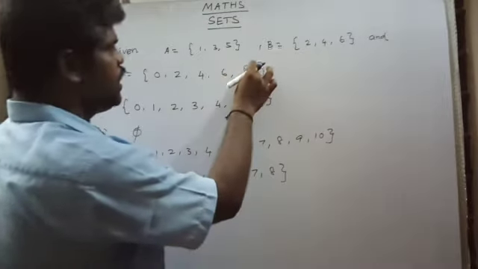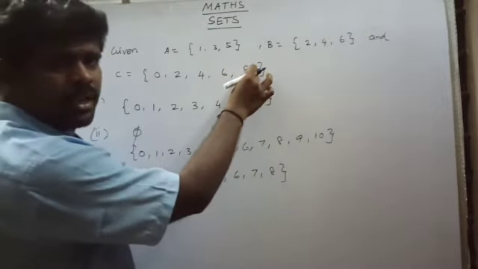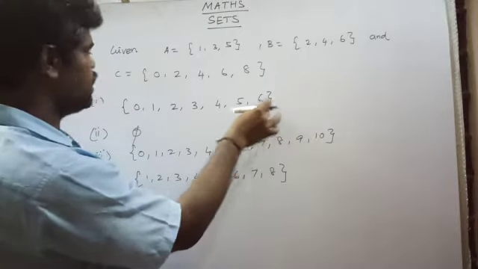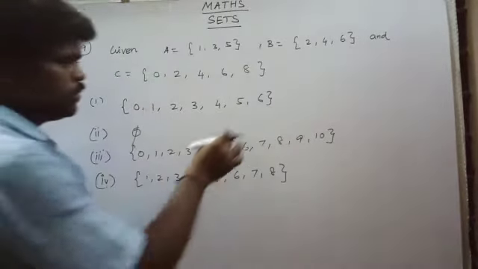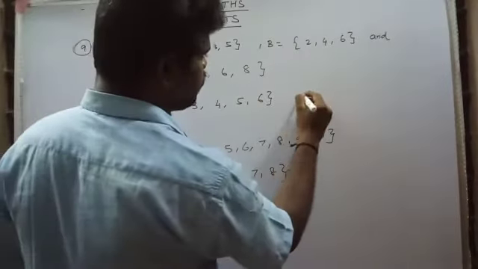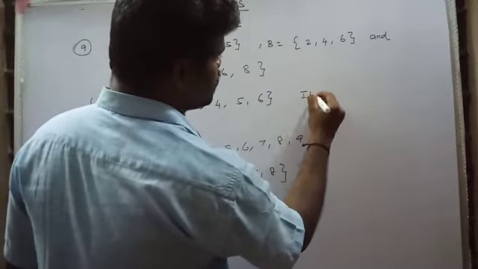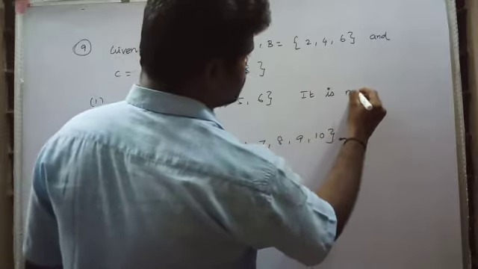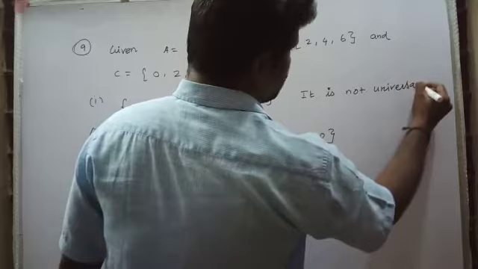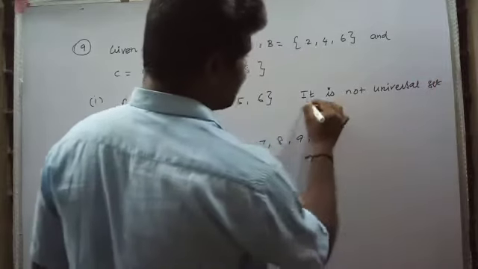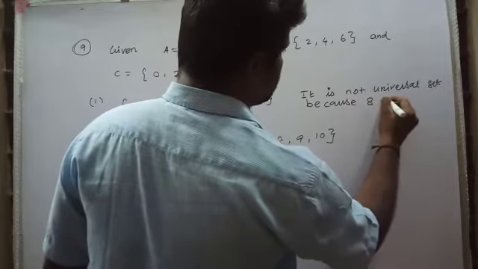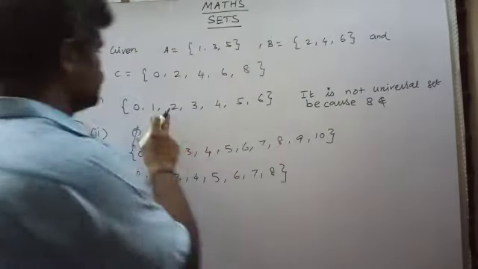But here 8 is in the set C, but here 8 is not in the set. So that's why it is not a universal set, because 8 does not belong to this set.